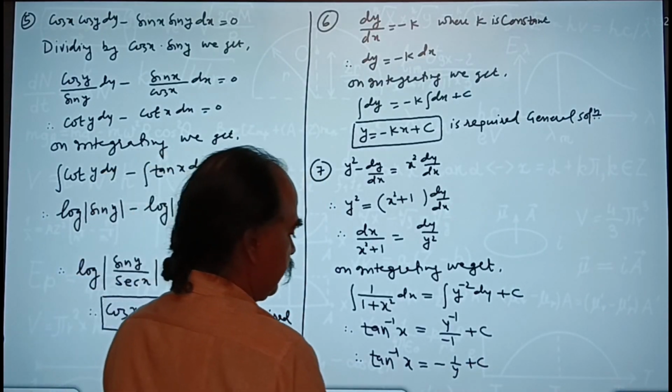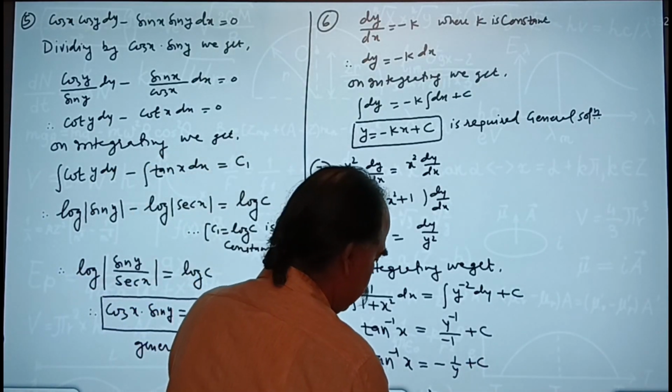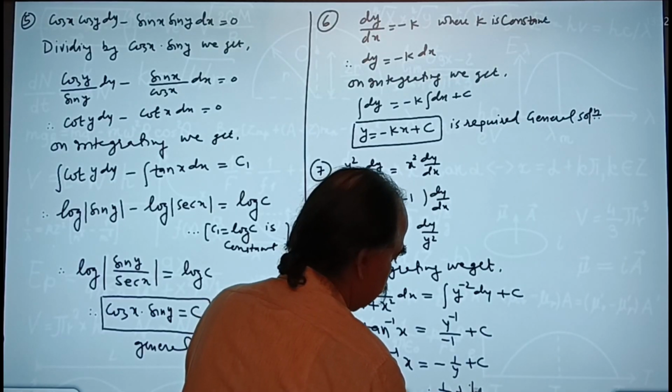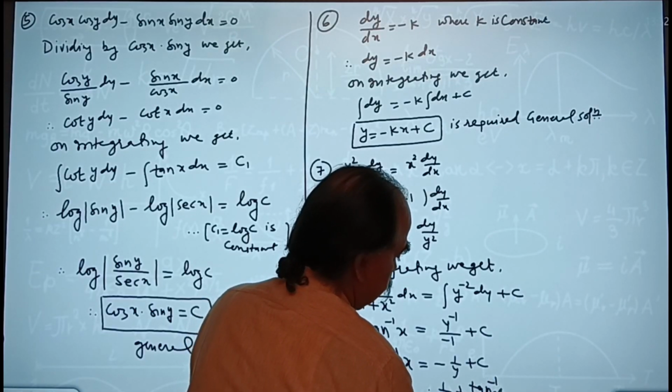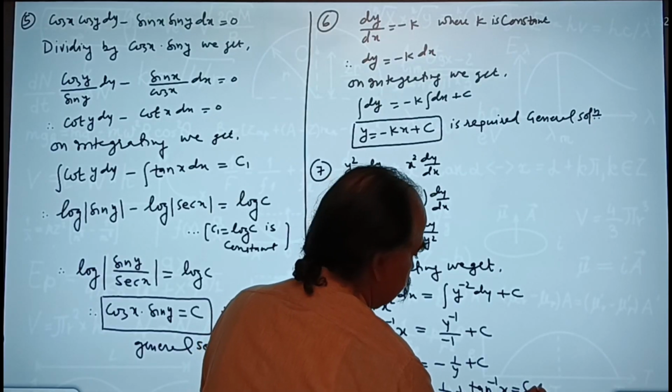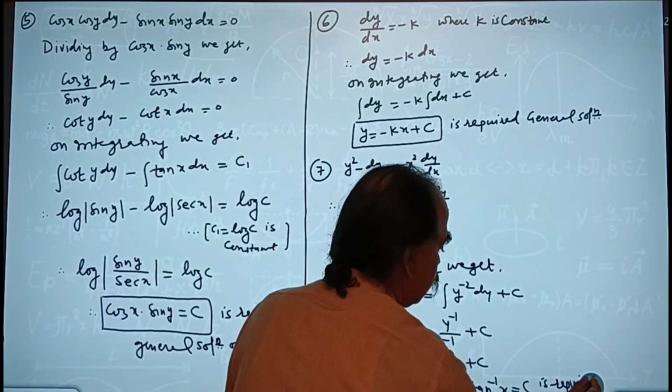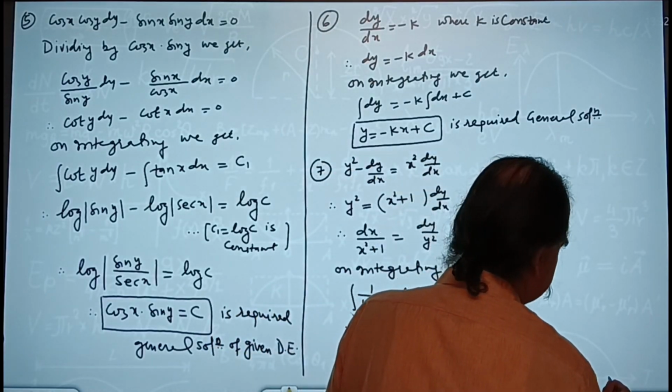We can bring minus 1 upon y on this side. Therefore, 1 upon y plus tan inverse x is equal to c. This is the required general solution.